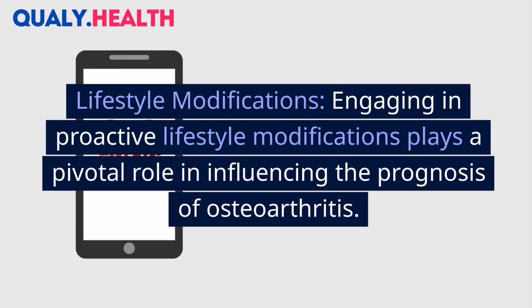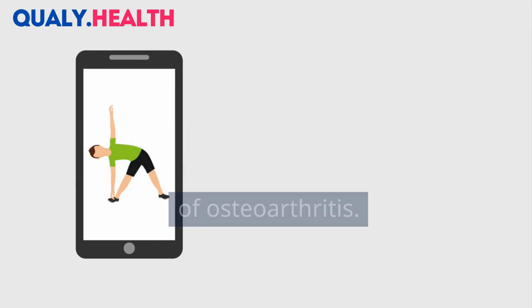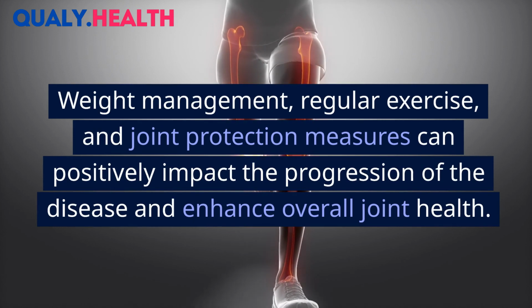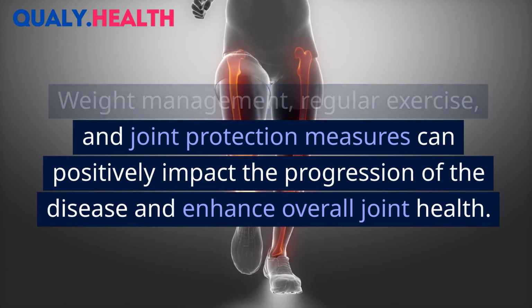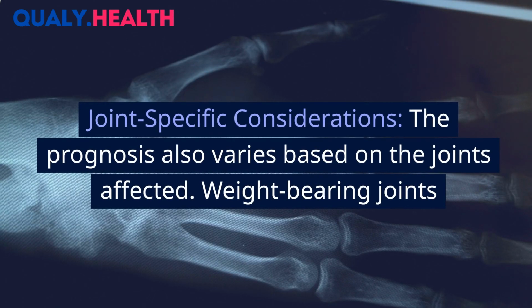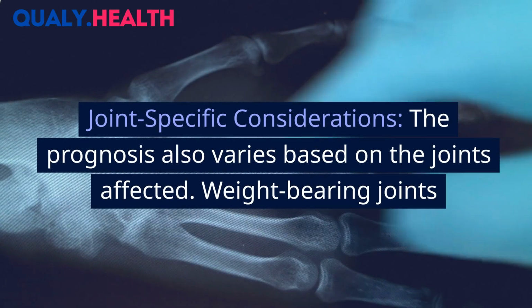Lifestyle modifications. Engaging in proactive lifestyle modifications plays a pivotal role in influencing the prognosis of osteoarthritis. Weight management, regular exercise, and joint protection measures can positively impact the progression of the disease and enhance overall joint health. Joint-specific considerations. The prognosis also varies based on the joints affected.